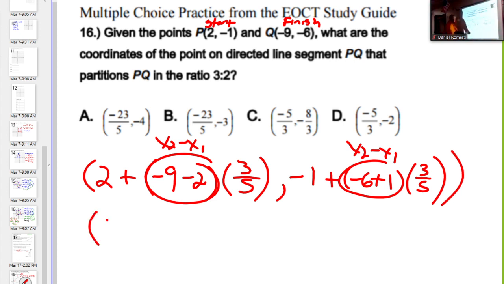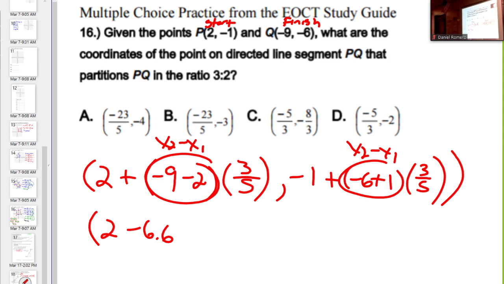Okay, let's do some math. -9 minus 2 is -11. -11 times 3 is -33 divided by 5 is -6.6. Can you guys check my math here? So do -11 times 3 divided by 5.